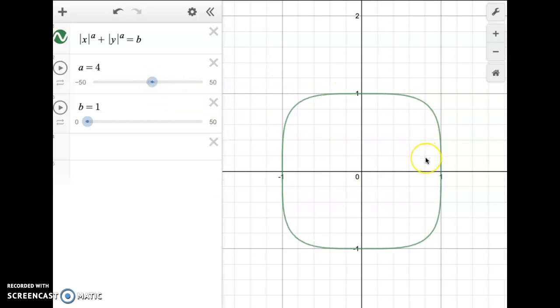Again, we see the 4, which is similar to the exponent 4 that we saw at the beginning of this exploration. And really, I don't think that the even exponents are going to be affected by this absolute value base, because whether you input a negative or a positive number, the outcome is always going to be positive.